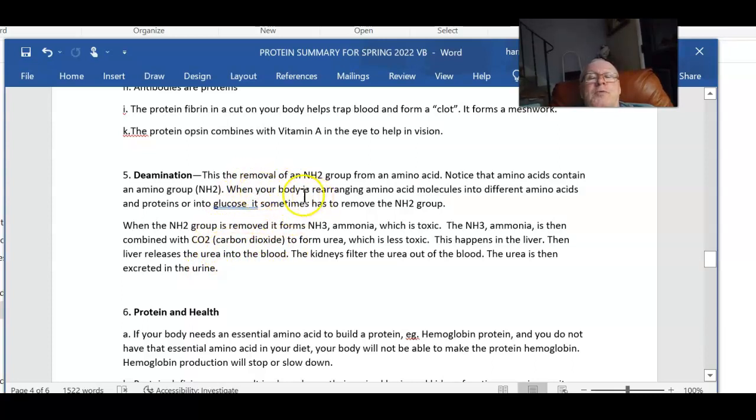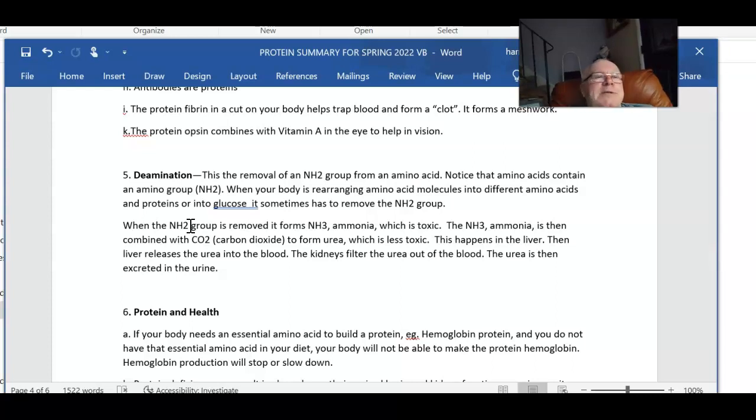It's useful for the rearrangement of molecules. It's useful for converting something that's not an amino acid into an amino acid, except for the essentials. Sometimes the body has too many amino acids in there and just wants to get rid of some of that stuff.